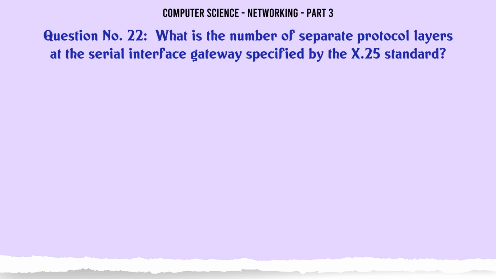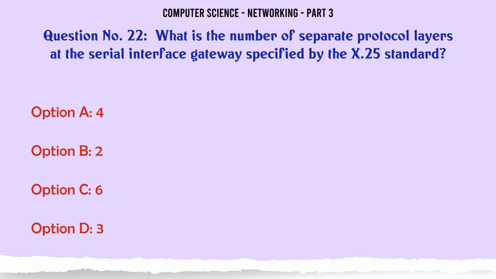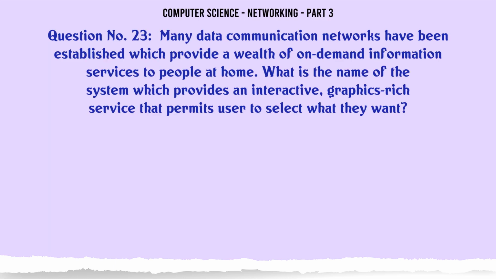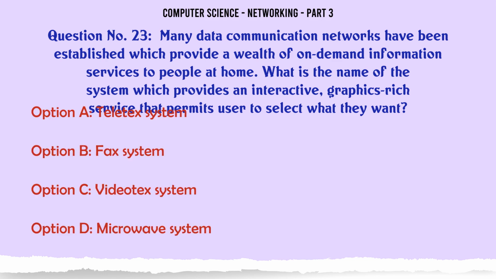What is the number of separate protocol layers at the serial interface gateway specified by the X.25 standard? A, 4. B, 2. C, 6. D, 3. The correct answer is 3. Many data communication networks have been established which provide a wealth of on-demand information services to people at home.